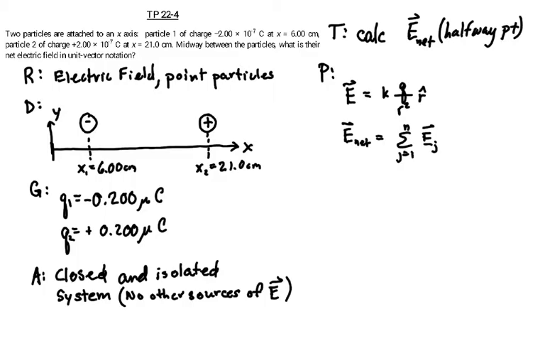They are vector quantities, so what are we going to have to do in order to find the net electric field? We're going to have to break it into x and y components. Alright, so E sub 1x plus E sub 2x will give us our x component of the net electric field. We'll do the same thing for the y component. Alright, let's get into solving.